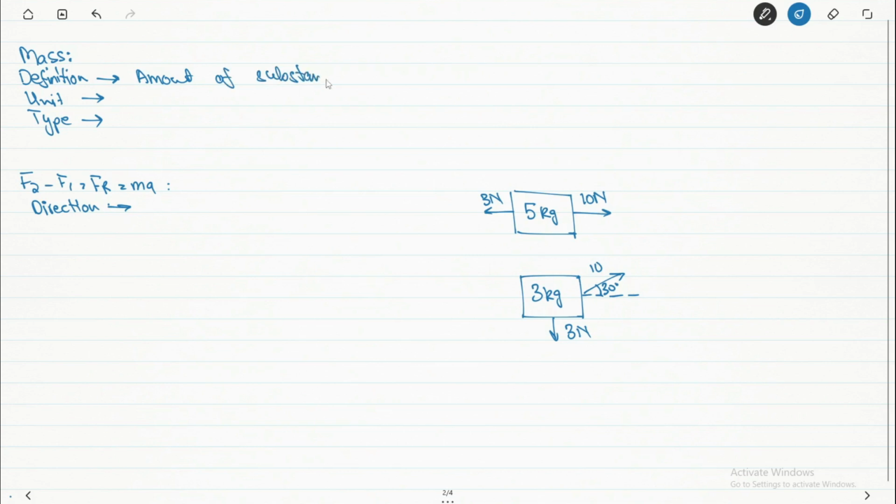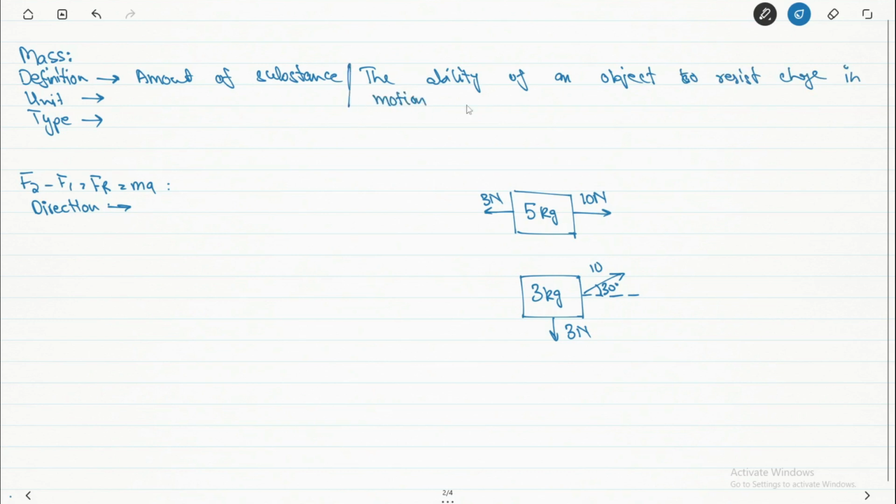But perhaps a better definition would be the ability of an object to resist change in motion, right?